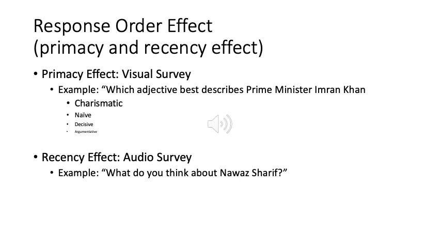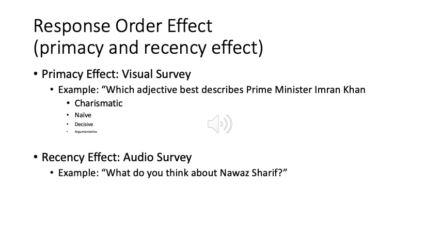Now, another bias that can crop up in survey questionnaires and affect the reliability of results is what we call the response order effect. In other words, the order in which we put response options affects the responses that respondents give.